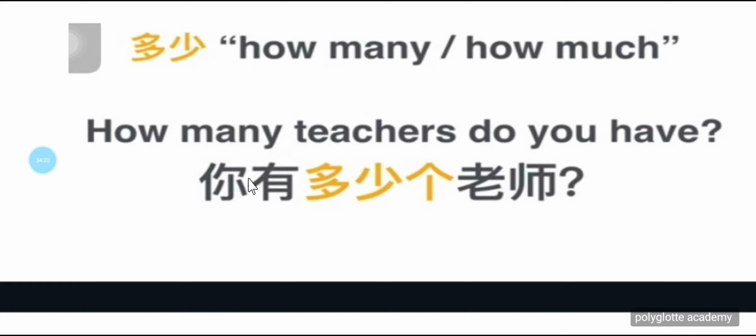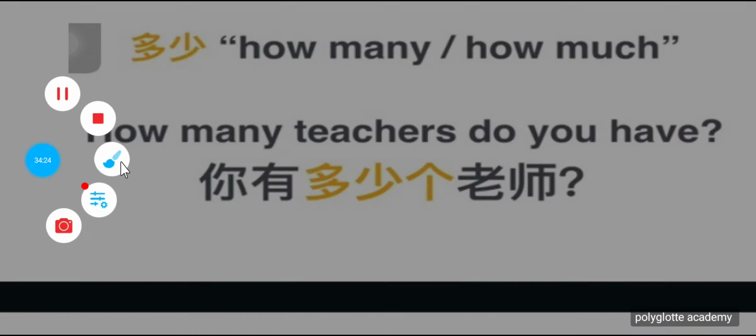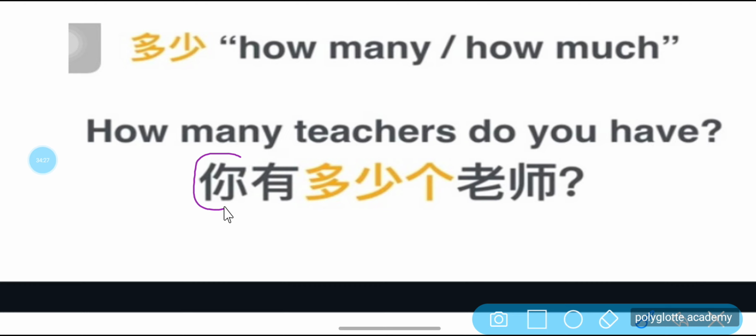你有多少个老师? 你 is you, 有 is the verb to have, 多少 how many. Then you can omit this measure word.